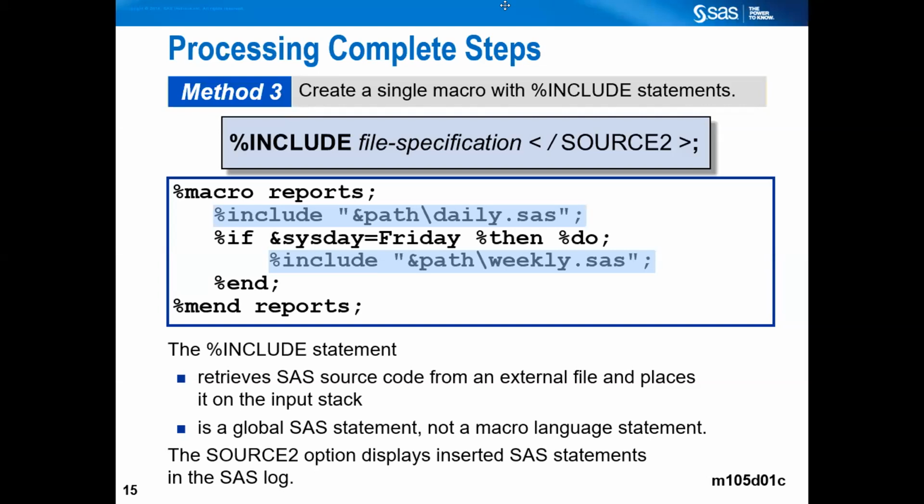Okay, so the third method is you are going to write a single macro report. Within it, you are going to make use of a statement called %include. Though it is preceded with a percent sign, it is not considered a macro statement because it can be used anywhere without a macro.